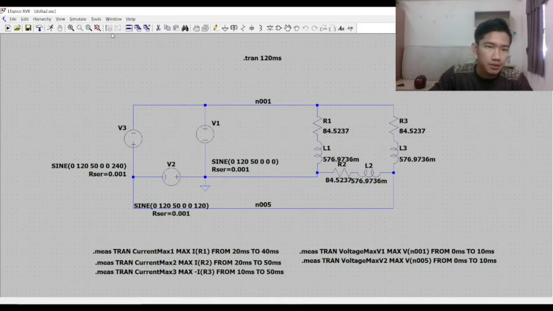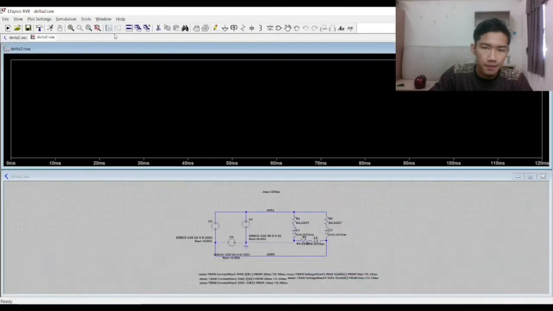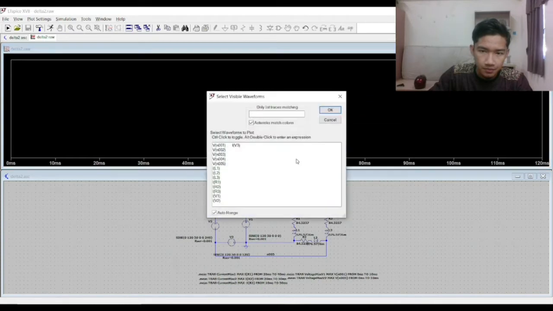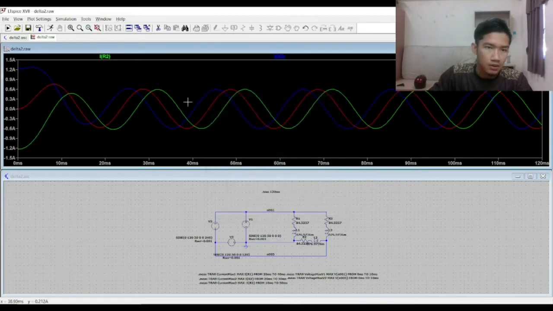So if we show the graph, by selecting the graph, you can see that the current value for all these three phases is the same, which is about 0.6 something.